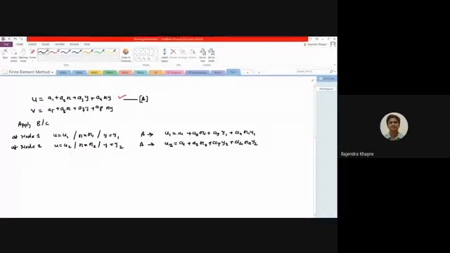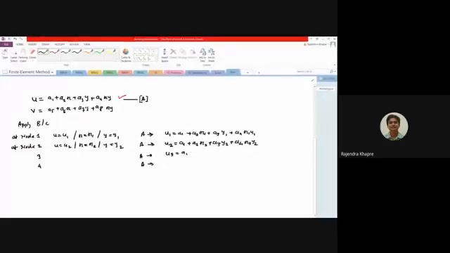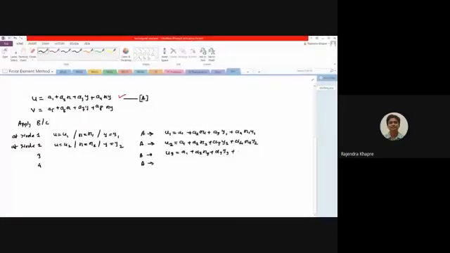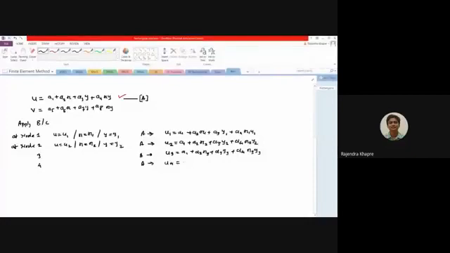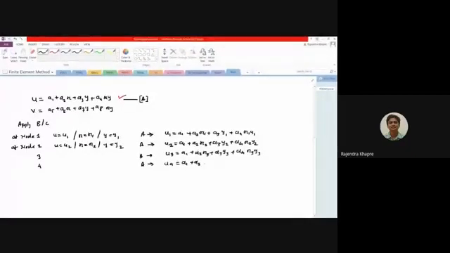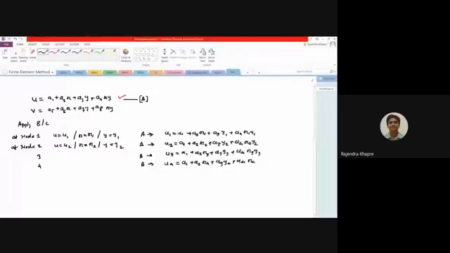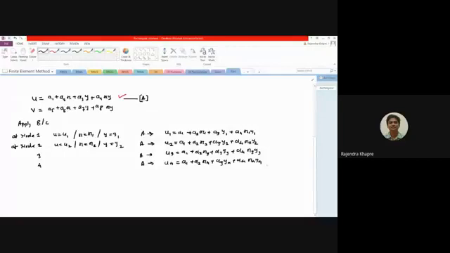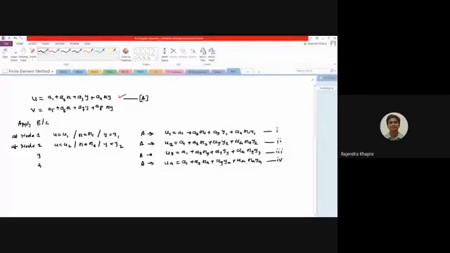Similarly, we can write the same thing for node 3 and node 4: u3 equals a1 plus a2 into x3 plus a3 into y3 plus a4 into x3 y3. On the similar lines, u4 equals a1 plus a2 into x4 plus a3 into y4 plus a4 into x4 y4. These are the four equations we get by substituting the boundary conditions: expression 1, expression 2, expression 3, and expression 4.